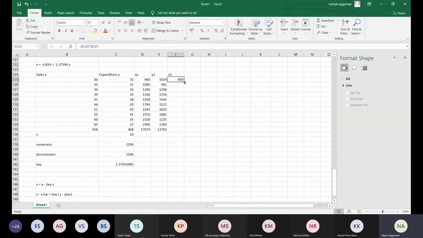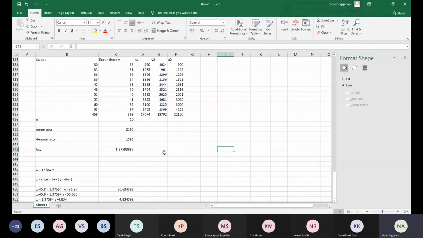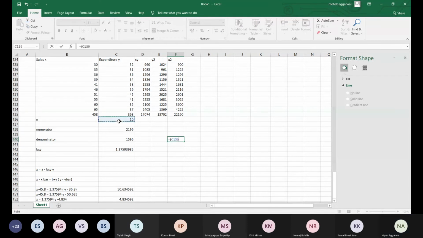This is your x square, and the summation of x square is 22190. So now the denominator becomes n into summation x square minus summation x whole square.